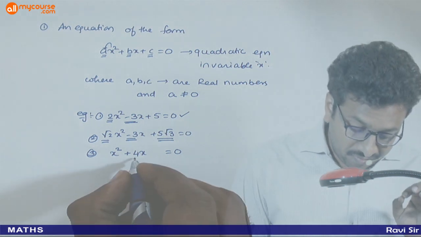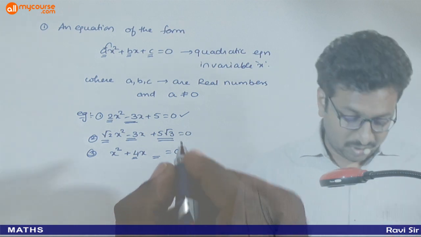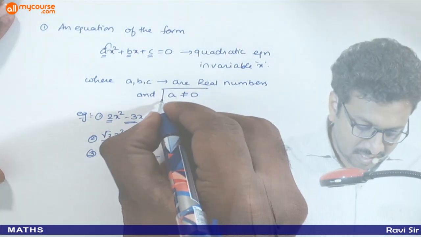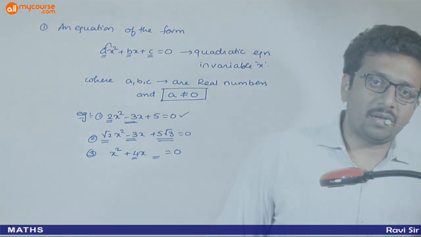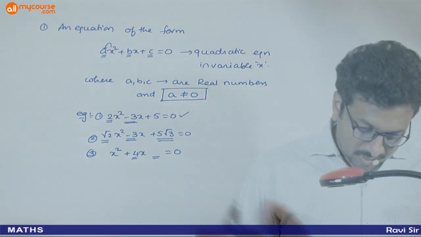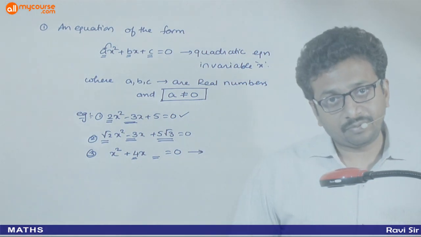So the coefficient of x and the constant terms can be zeros, because it's only given that coefficient of x square should not be 0. X coefficient or constant term can be zeros. So there are also special names if some of the coefficients become 0.